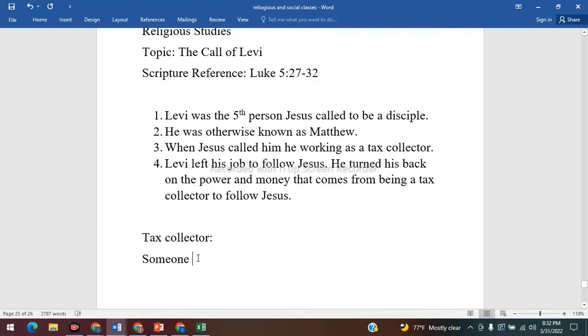So a tax collector is someone who collects money from the people for the government.